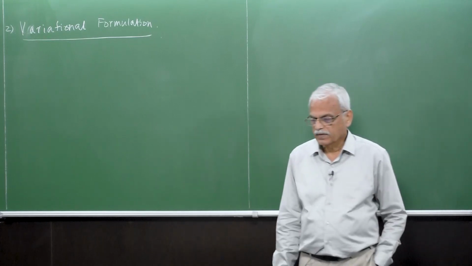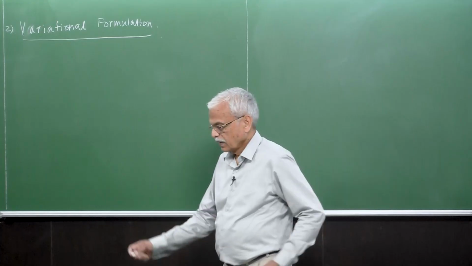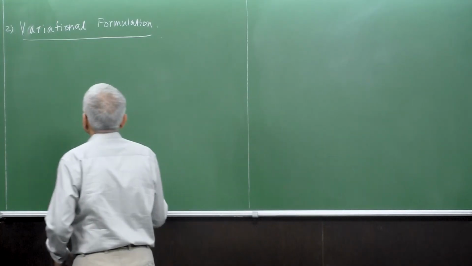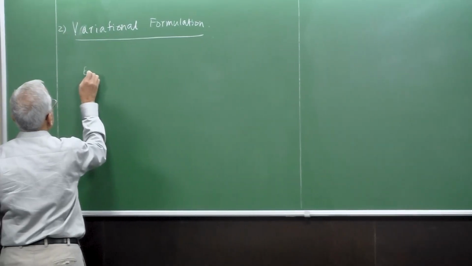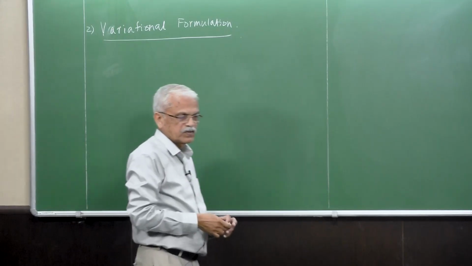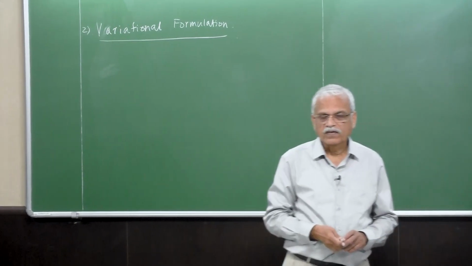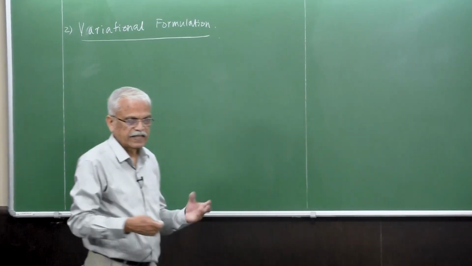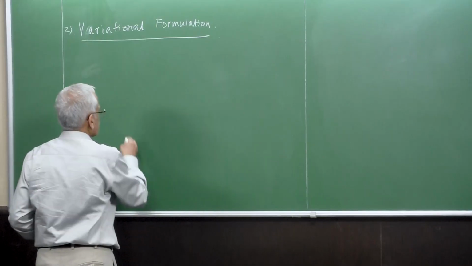Let's illustrate it with a simple problem of the string. As I was saying, this involves the minimization or maximization of a certain quantity, and then we will see how it is related to the actual solution.